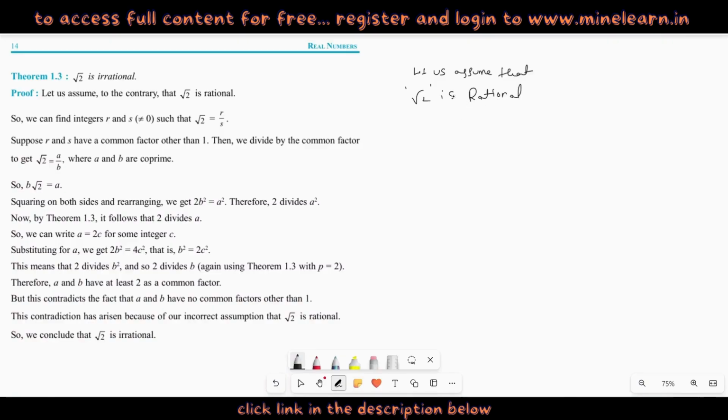Now, what is the definition of rational? By the definition, rational means it can be written in the form of p by q or a by b, where a, b belong to integers, b is not equal to 0, and a and b are coprimes.